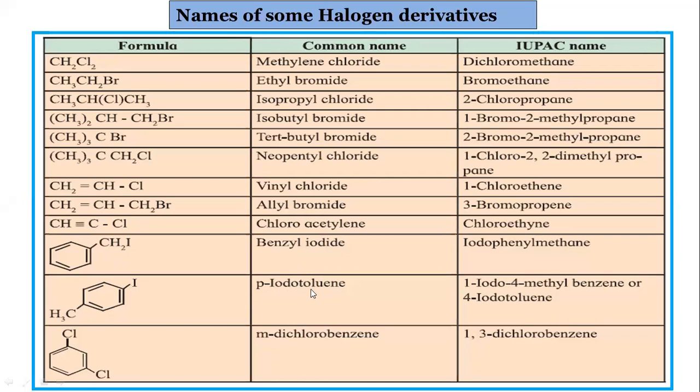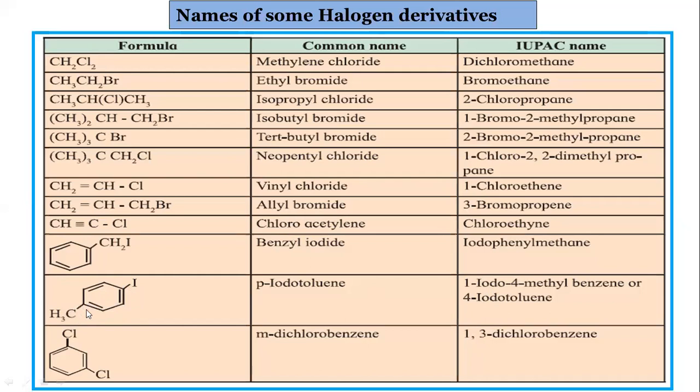It is the common name. The IUPAC name is 1-iodo-4-methyl benzene or 4-iodotoluene also, because when CH3 is attached to the benzene ring, it is also called toluene. So if it is 1, 2, 3, 4, the name will be 1-iodo-4-methyl benzene.